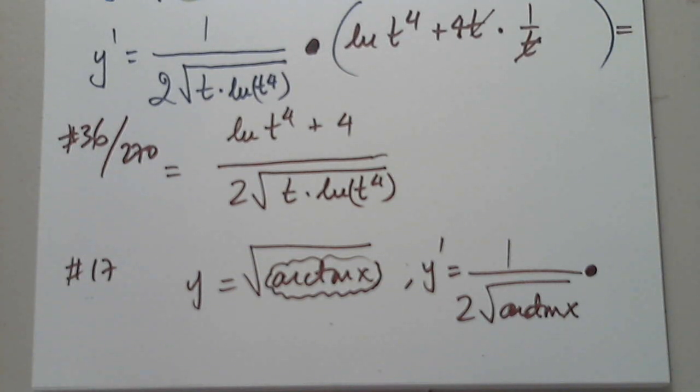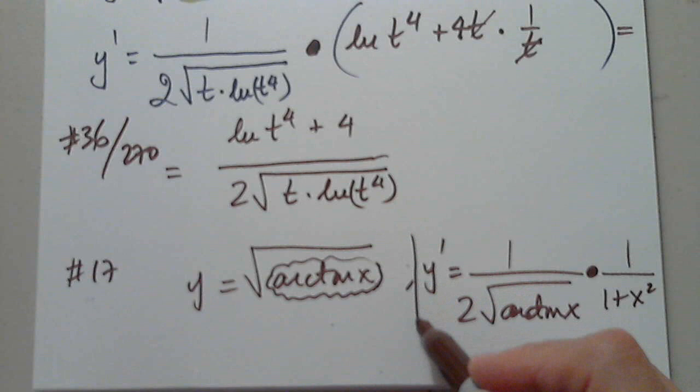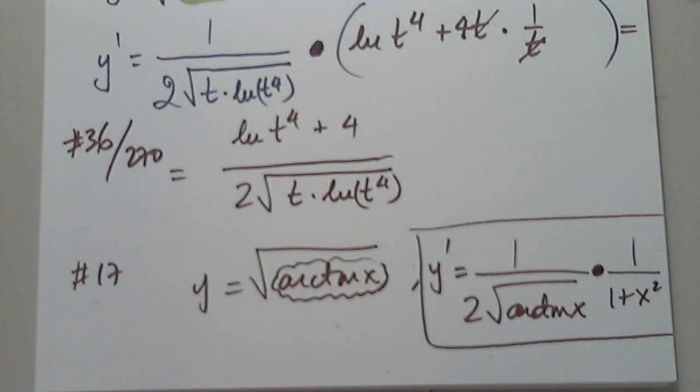Anyone remembers arctangent prime? Arctangent prime is 1 over 1 plus x squared. Yep, that's it.